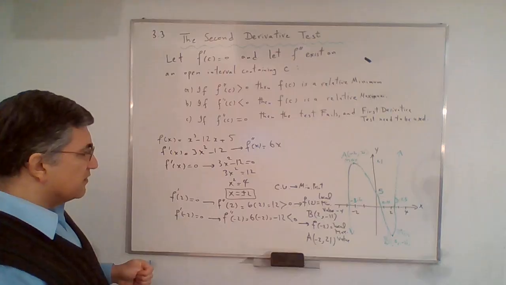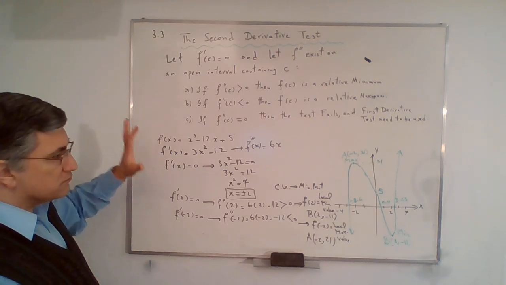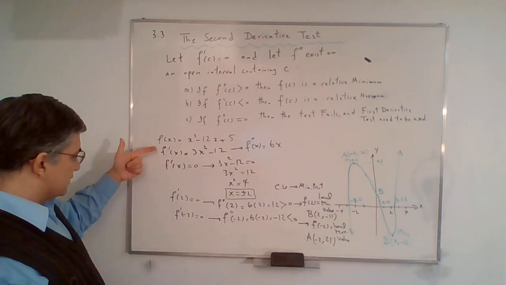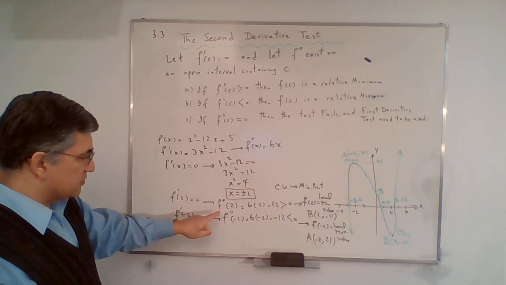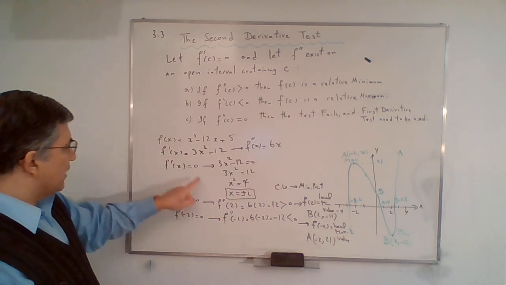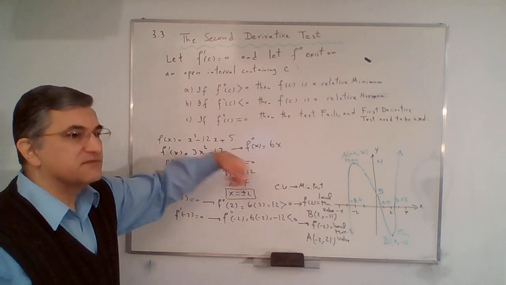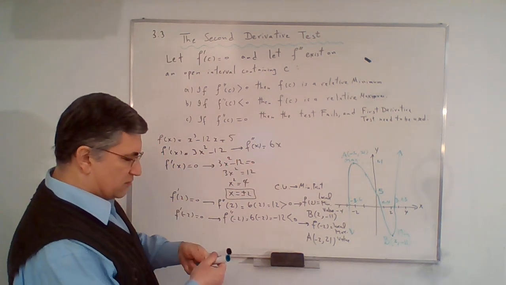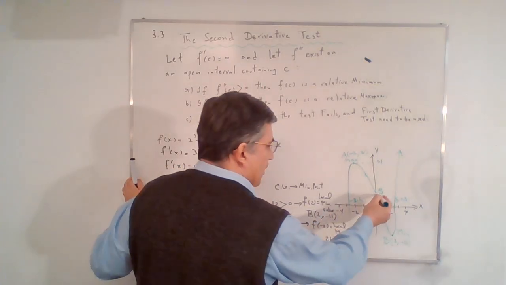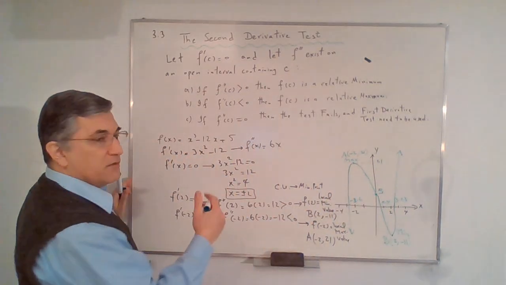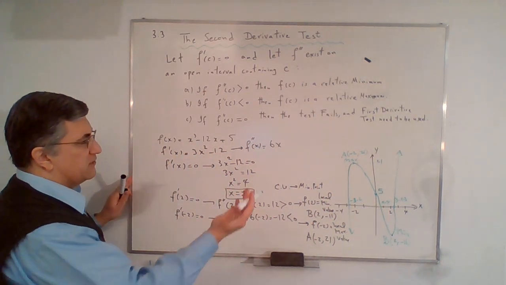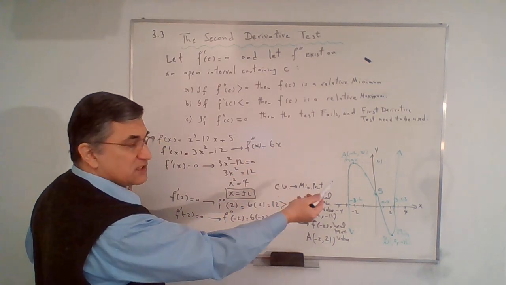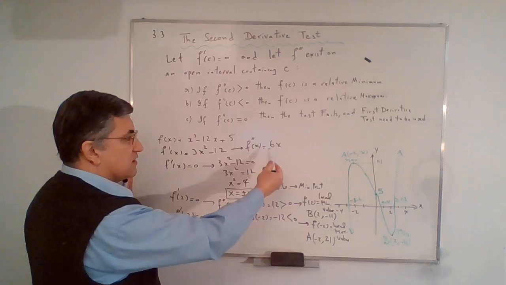What else? Inflection point is not the topic here, but if you want to find the inflection point, you will take the second derivative, set it equal to 0, and I think the second derivative is 6x. If you set it equal to 0, x will be equal to 0. So that means that at x equals 0, 5, which is actually our y-intercept, we may have an inflection point. And I think you agree that if x is greater than 0, 6x will be positive. If x is less than 0, 6x will be negative.